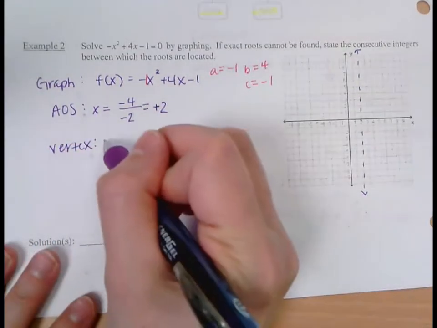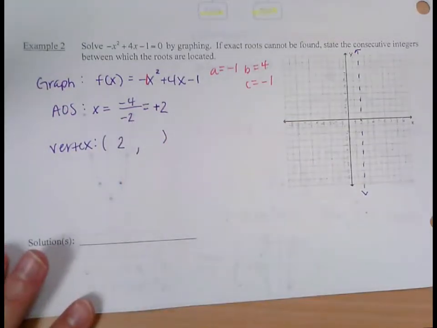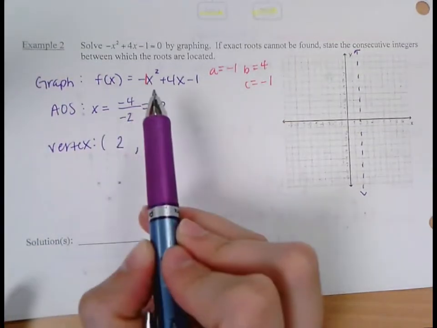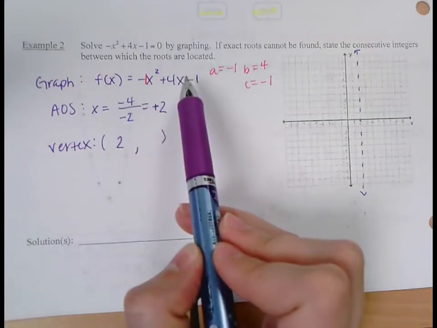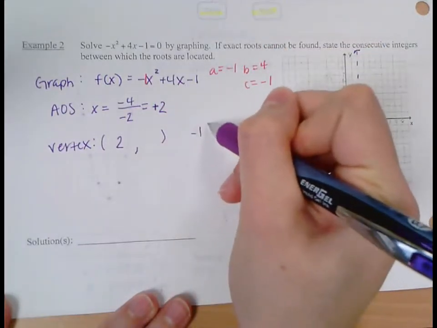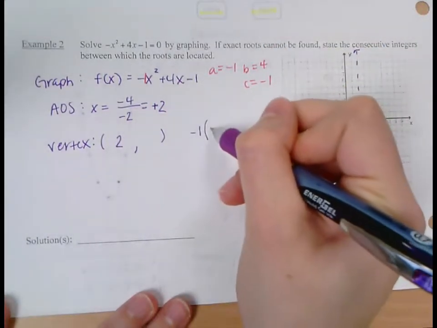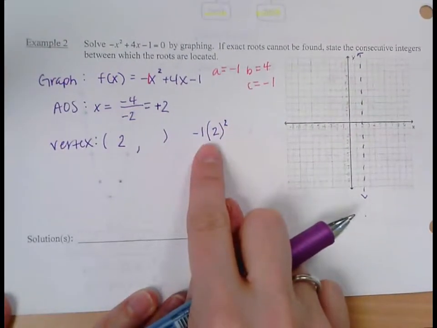And then for the vertex, I know the positive 2 is the x-coordinate. I can plug that in to find the y-coordinate. So this one, just be careful. I know I included one like this on Friday as well. The a value of -1 stays outside, so it's -1 times 2 squared. That does not become -2 squared.